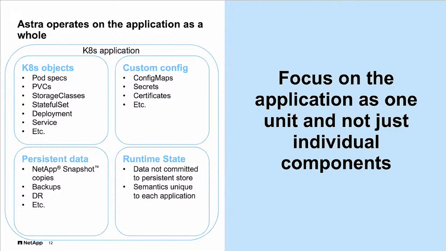A standard Kubernetes app may have 7 or 8 resources, even a small app. So if we focus just on the storage or infrastructure aspect of Kubernetes protection, we're going to miss out on how customers actually want to look at Kubernetes, which is from an app perspective. So when we designed Astra, we made sure that this was the primary focus.